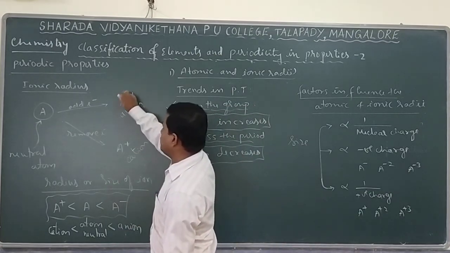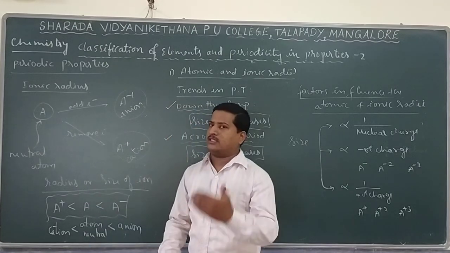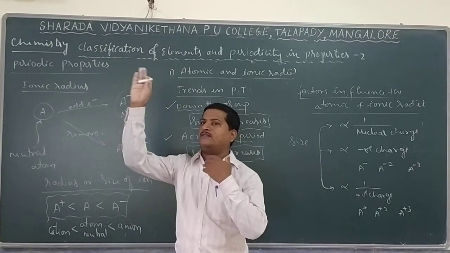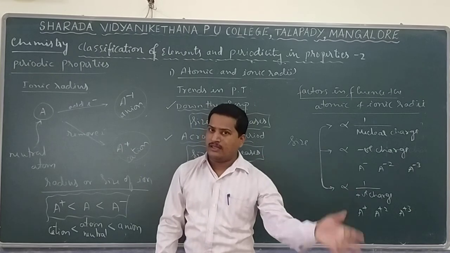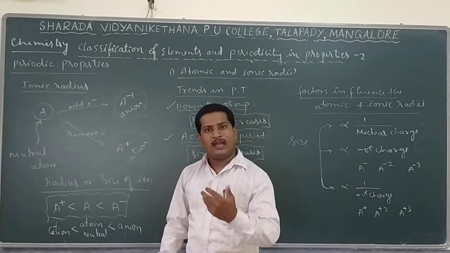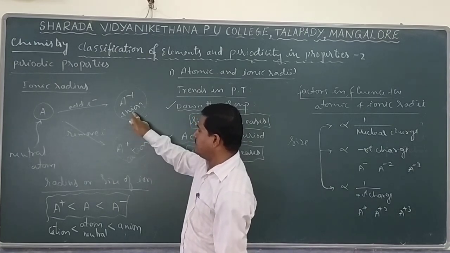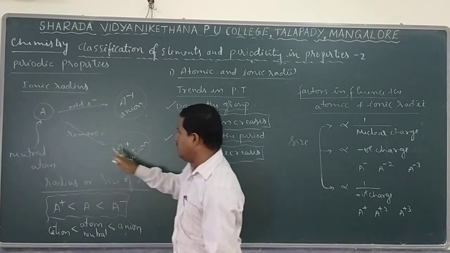So for this cation and anion, their radius has to be found out. Same thing here also. The distance between the nucleus and the valence electron of that cation becomes the cationic radius. The distance between the nucleus and the valence electron of that anion is nothing but the anionic radius. And here it is observed when comparing the size of anion, neutral atom and cation.